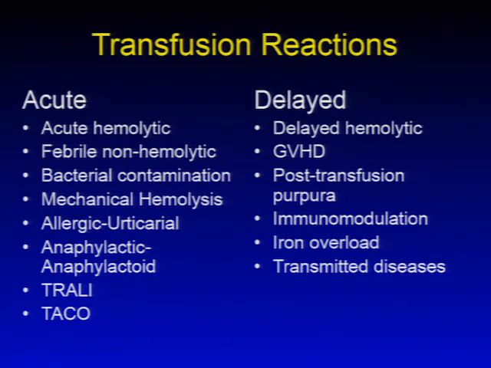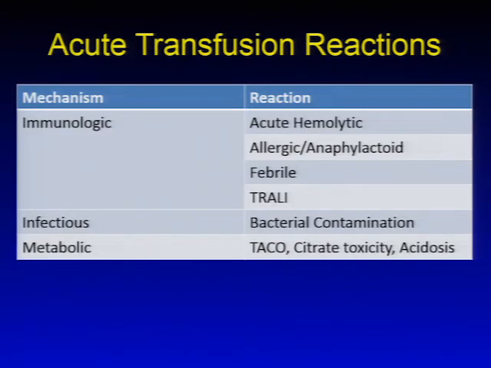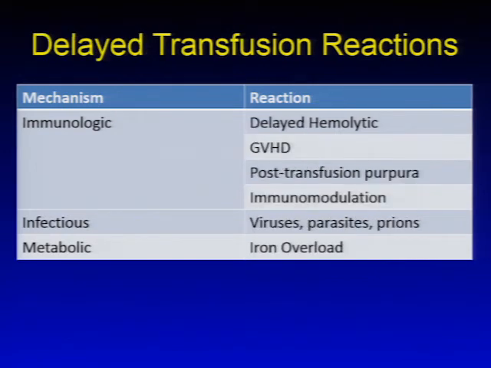The delayed reactions are usually diagnosed as diseases or syndromes and secondarily related to the prior transfusion. This is another way to look at dividing these up. There's immunologic, there's infectious, and there's metabolic reactions, both for acute and delayed types.